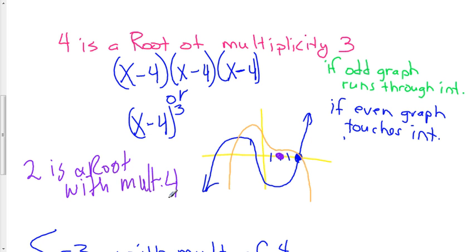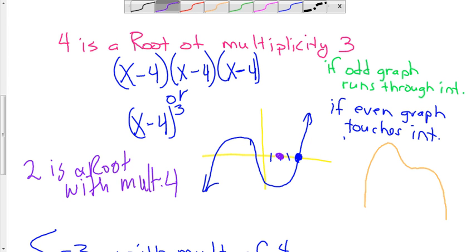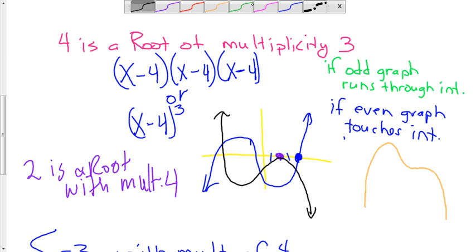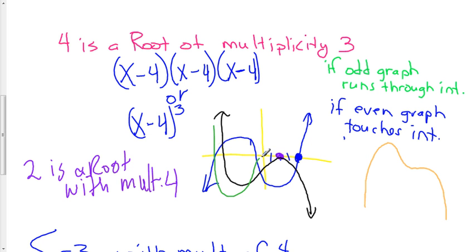Since it is a multiplicity of 4, that's even, it's going to just touch that point. So it will either go up or down. Maybe it does this, or it could even be the other way, where it just touches and then continues back in the other direction.